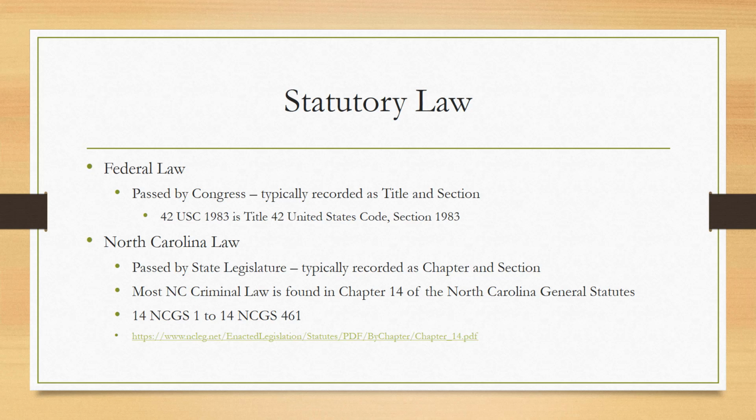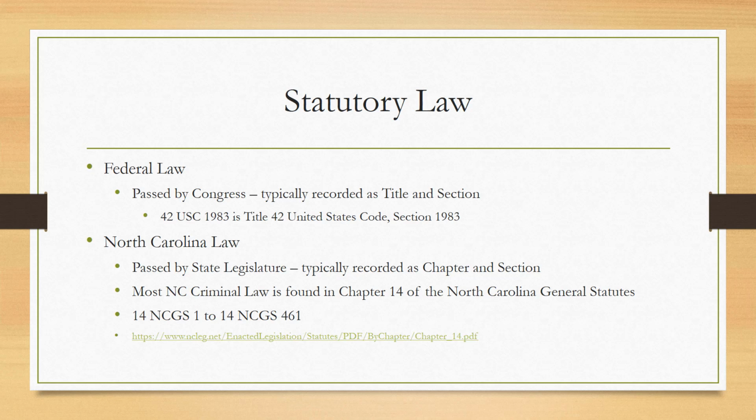So you'll see it abbreviated as something like, the example I give here is 42 U.S.C. 1983. That means it is Title 42, kind of the broad grouping or categorization, United States Code, meaning it's federal statutory law, Section 1983.